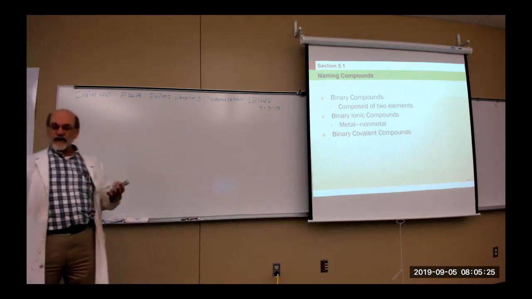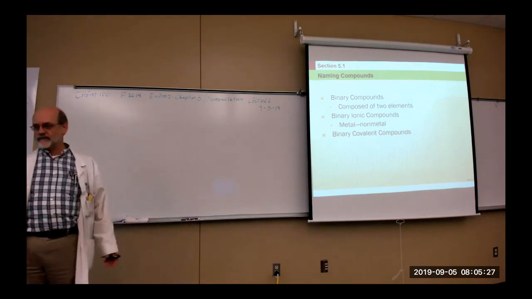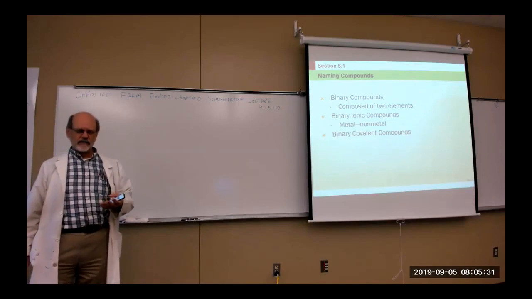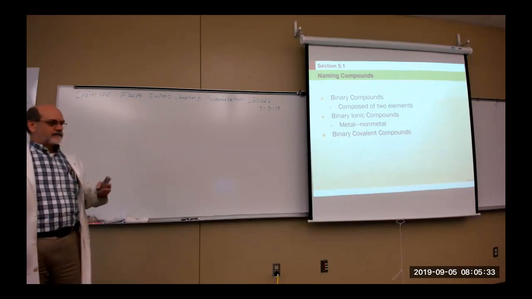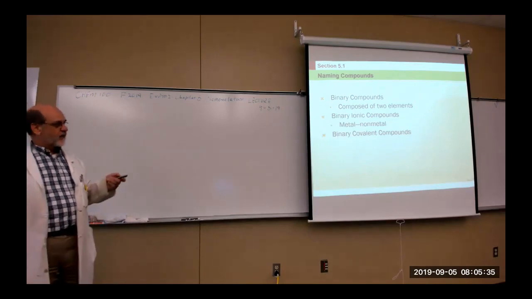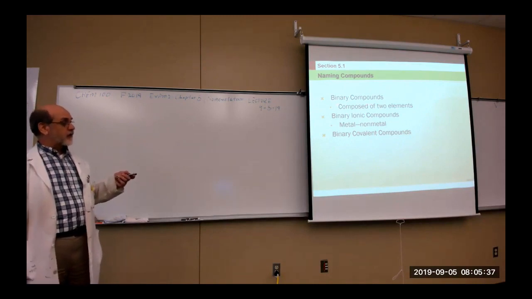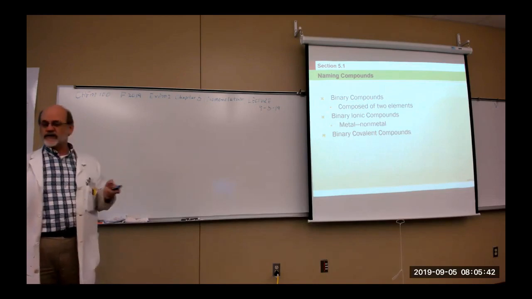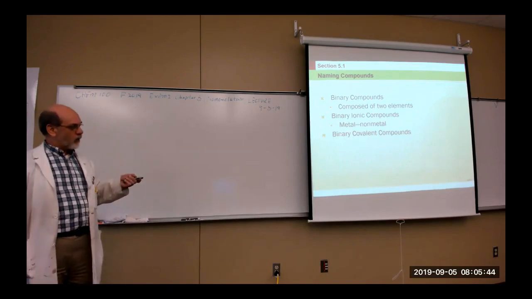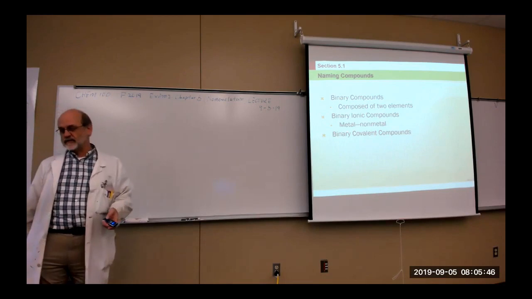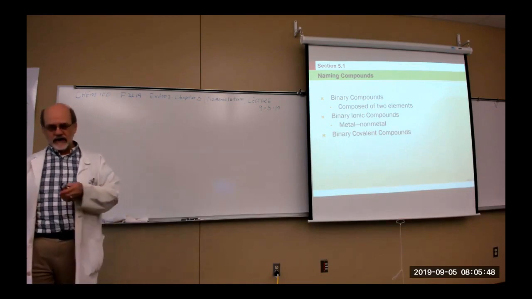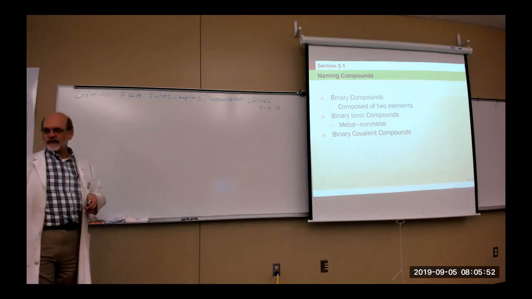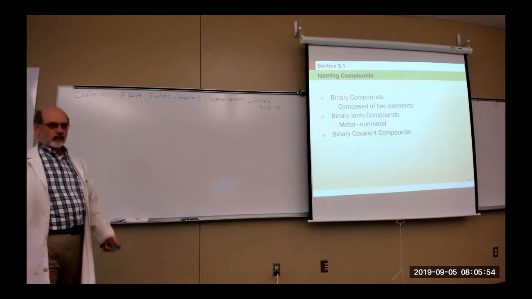But for covalent compounds, neither one is charged. They share electrons in the process of bonding. But for simplicity's sake, we use conventions that were developed earlier for the metal-nonmetal arrangements to carry over and name the covalent compounds with slight variation. And that'll become, hopefully, crystal clear once we start looking at the rules.